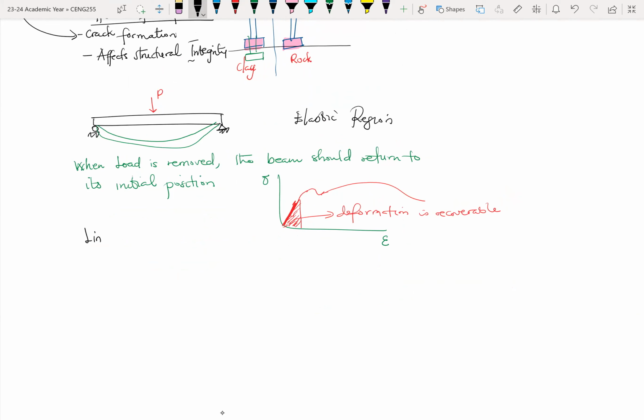All right. So we typically look at what you call the linear elastic material response. Okay. And that's the straight line portion of your plot, where the deformation is recoverable. All right. So let me not spend too much on that.